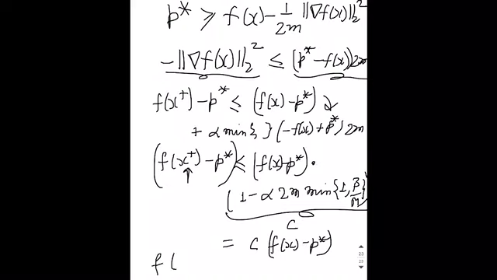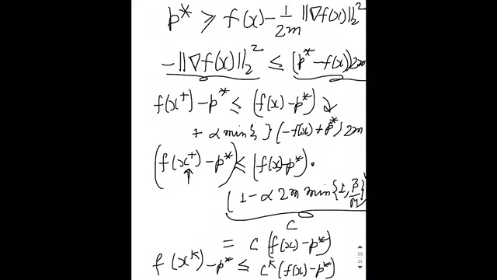Similarly, if we go up to k steps, f of x of k minus p star is less than or equal to c to the power k times f of x minus p star, right?